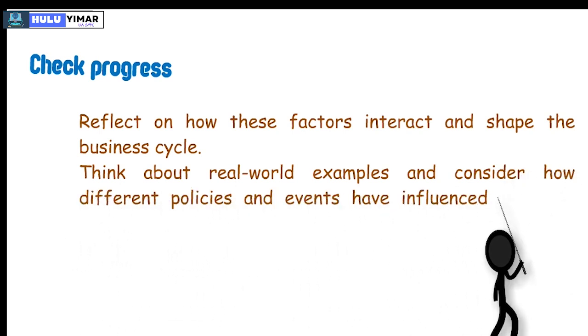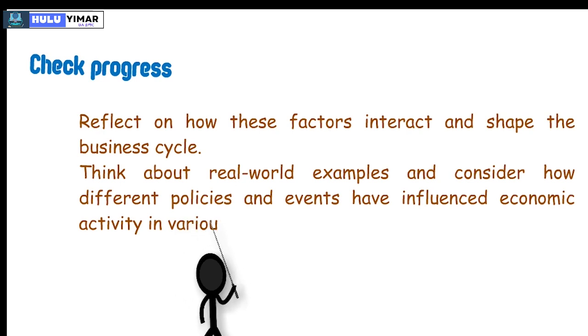In our next video, we will dive into the theories of the business cycle, including the Keynesian theory, monetarist, rational expectations, and real and political business cycle theories. These theories provide different perspectives on the underlying mechanisms driving the business cycle, and they offer insight into how we can manage economic fluctuations.